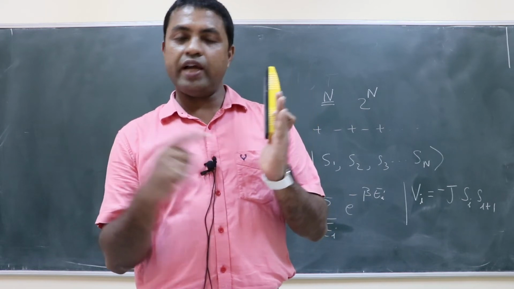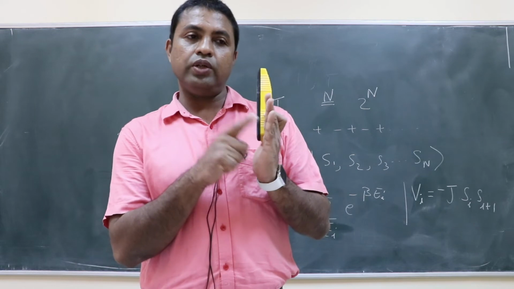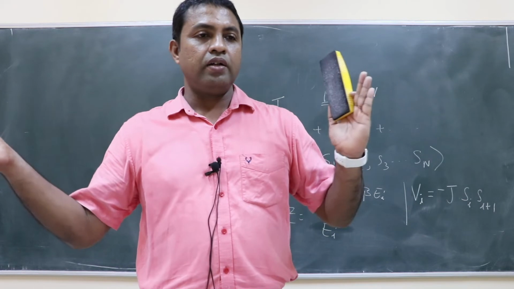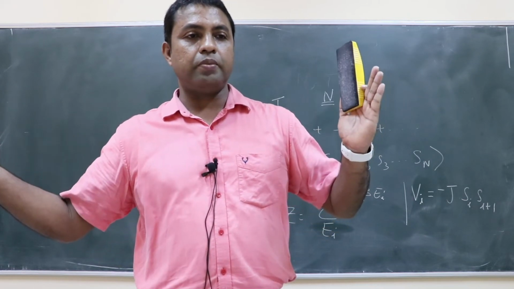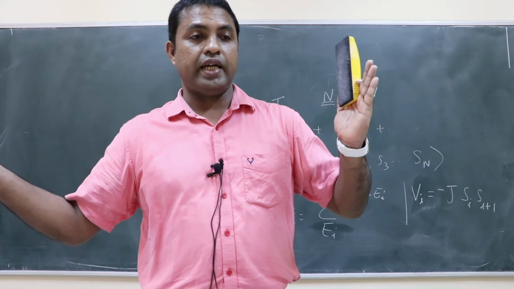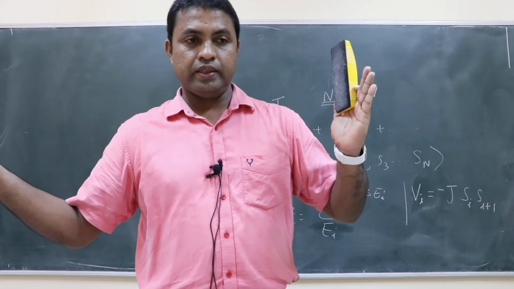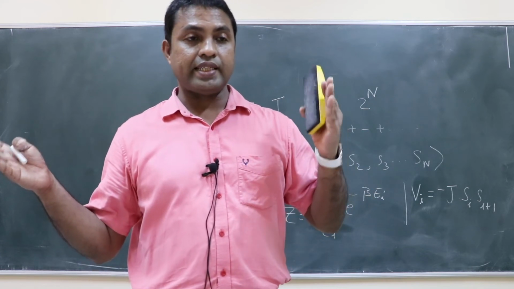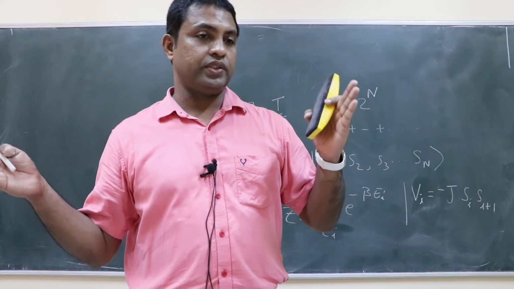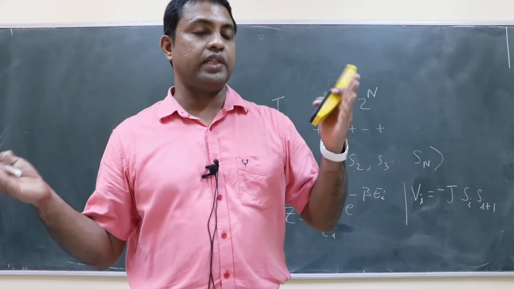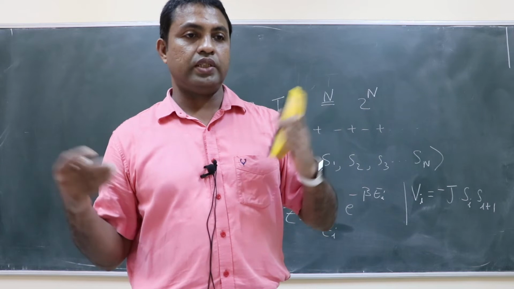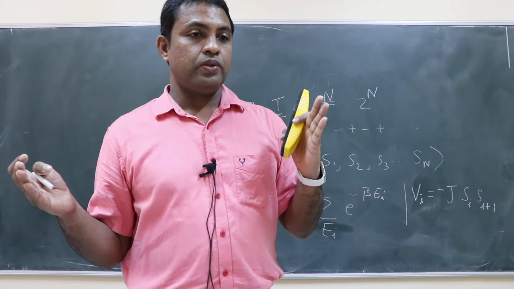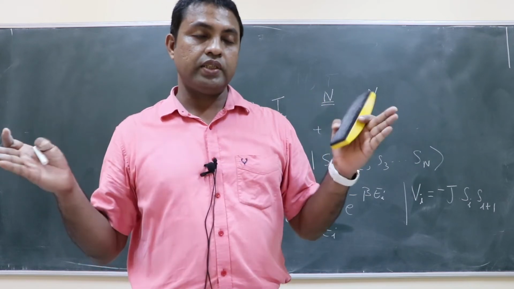Now if I have 3 particles, for each particle you have to just consider the next one. If you consider the next one, then we can have the total potential, because that is the summation of S_i S_{i+1}. So the total potential will be the summation of S_i S_{i+1} times minus J. J is basically the exchange energy, so this interaction is controlled by that J. We don't have to worry about the minus 1 if you consider the full potential.